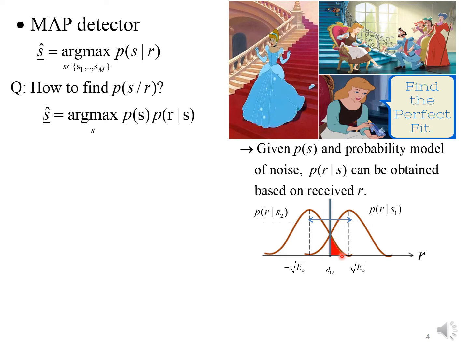So if R is here, the probability that S1 was sent is higher than the probability that S2 was sent.